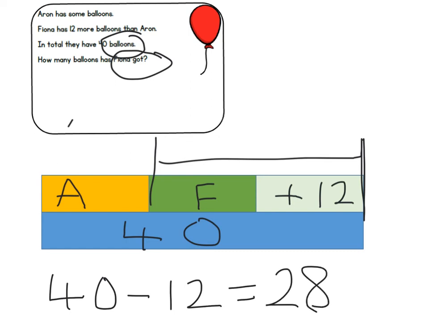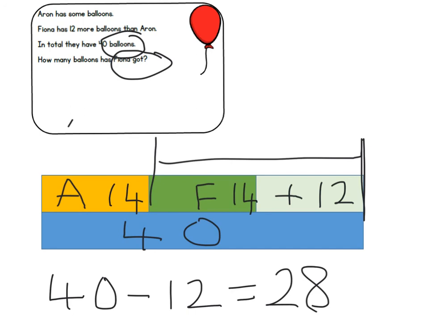So we know that now this section here, A and F, are worth 28, and we're going to divide that in two, because we need to find out how much each of these sections is worth. So 28 shared between 2 is going to mean this section is worth 14 and this section is worth 14 balloons.